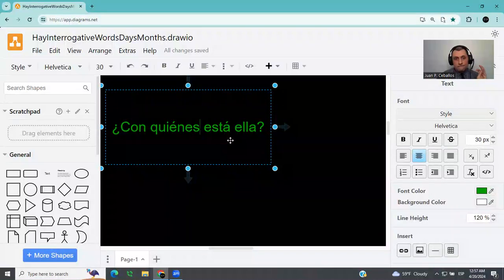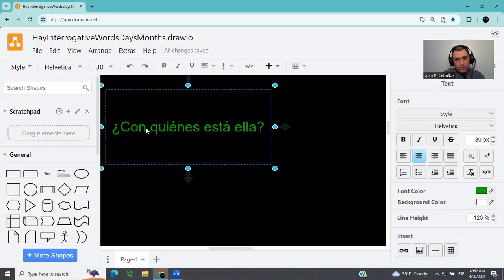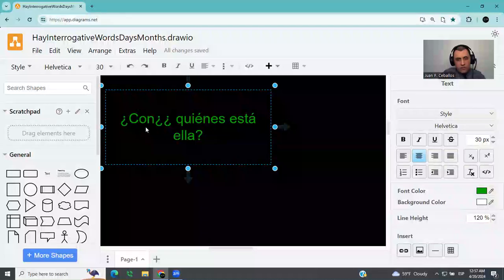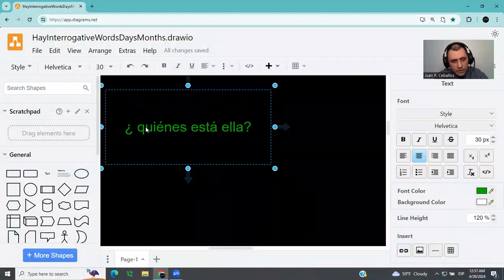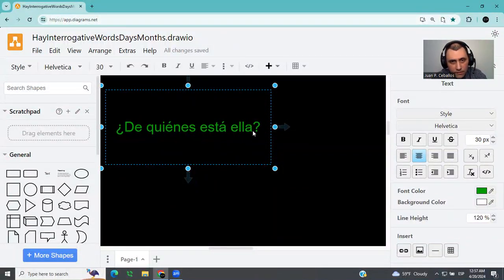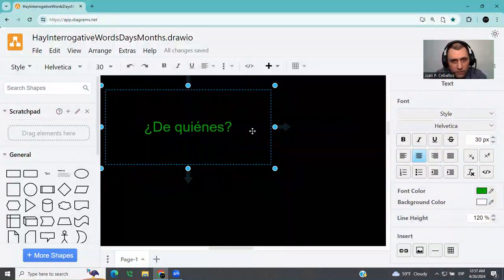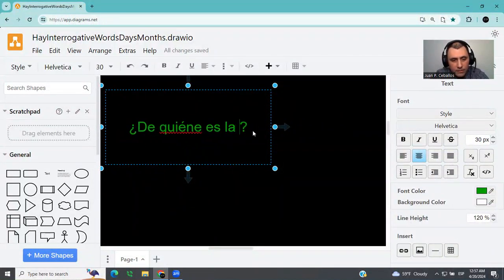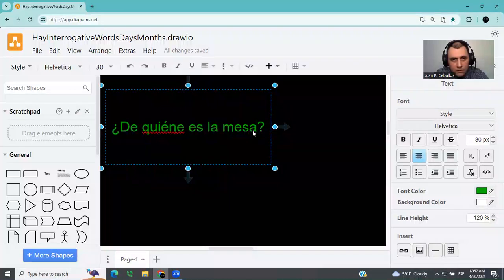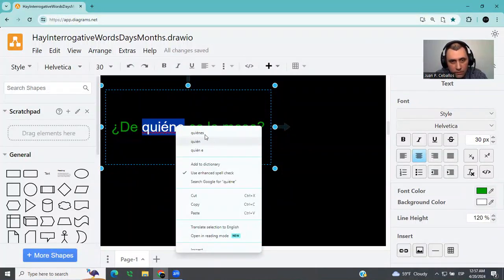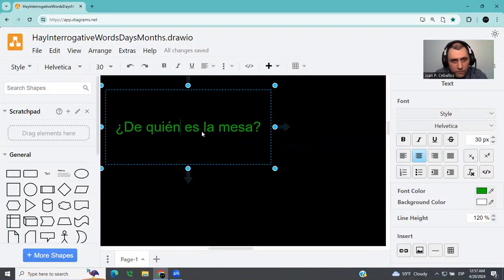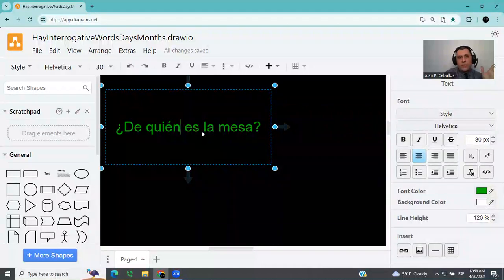I can use something a little weird here, but so you understand, de quién. No, it's not weird. De quién es la mesa. De quién es la mesa, to whom the mesa belongs to, something like that.